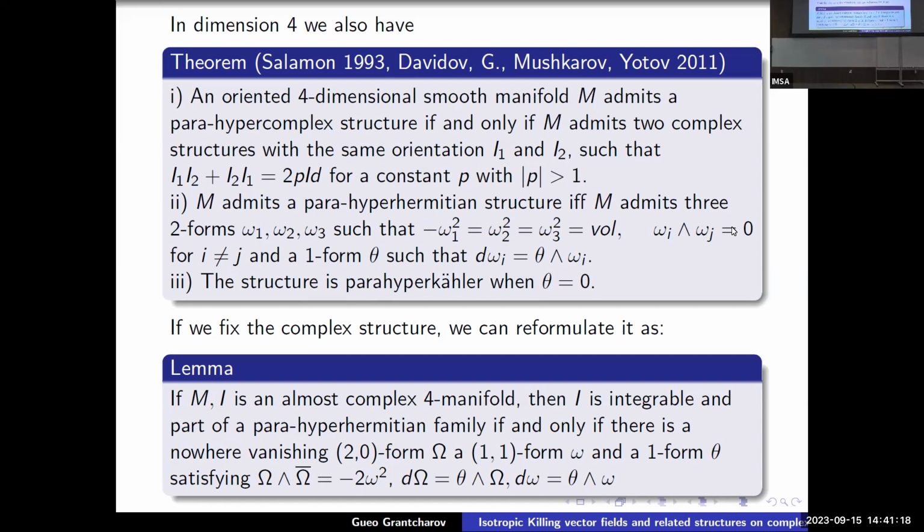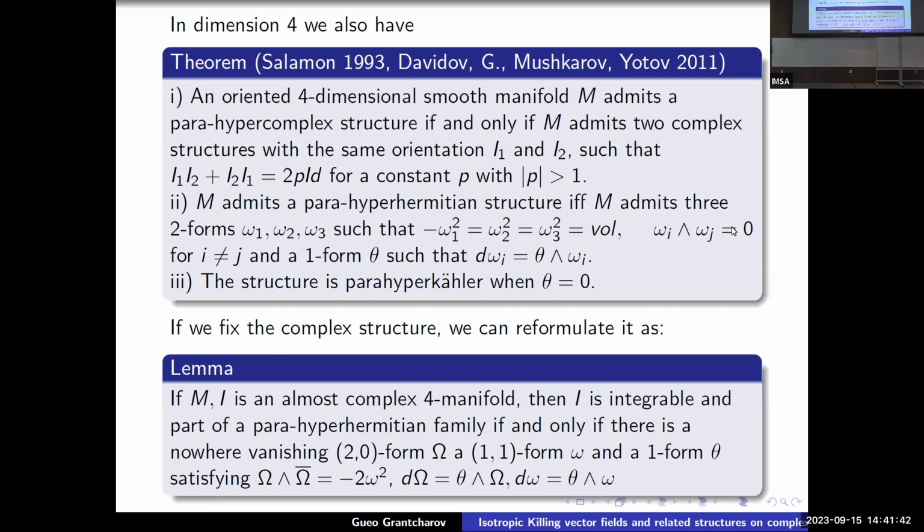So just the first existence of two forms of this property algebraically leads to just almost para-hypercomplex structure, non-integrability, and the differential condition. And then again, the para-hypercomplex is this differential form.